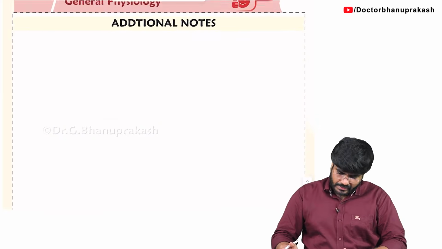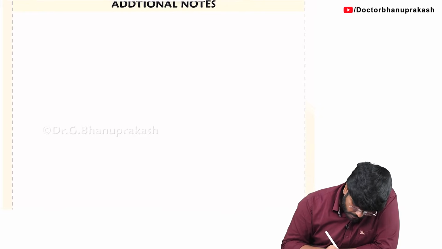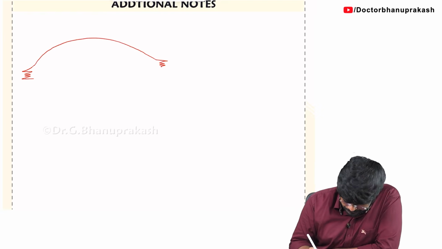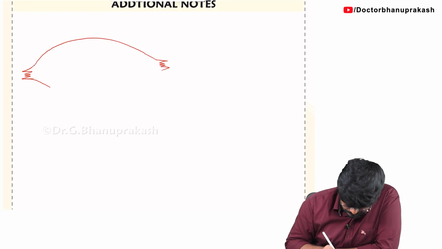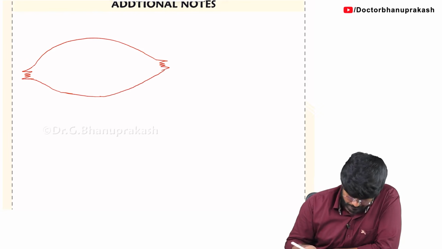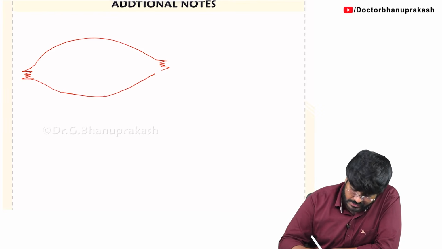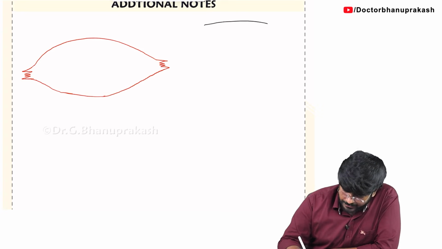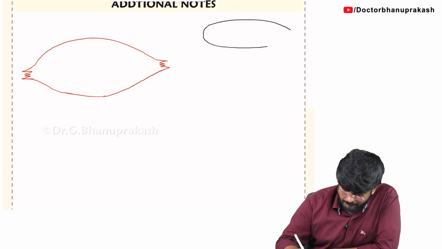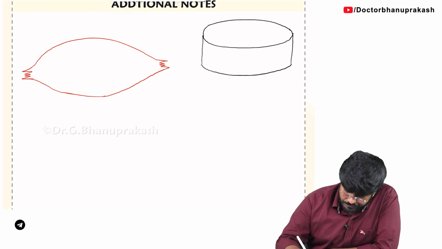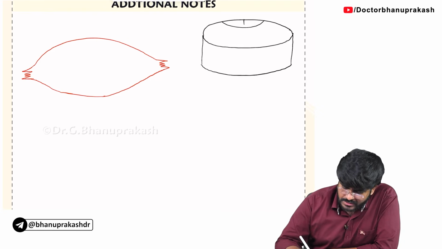So, students, for better understanding, let me show you the muscle again. Here is a muscle with both extrafusal fibers as well as intrafusal fibers, and here is a cross section of the spinal cord, let's say. These are the dorsal horns which are sensory in nature.